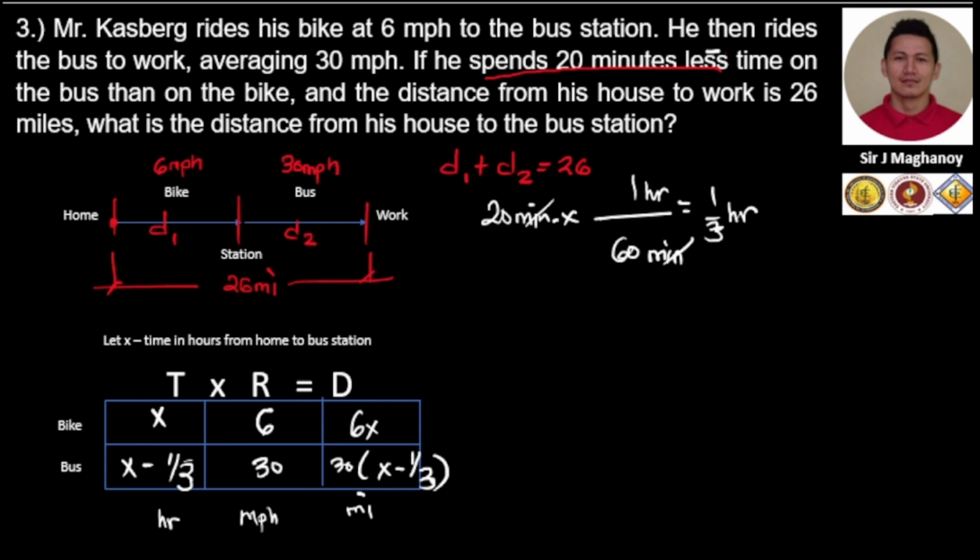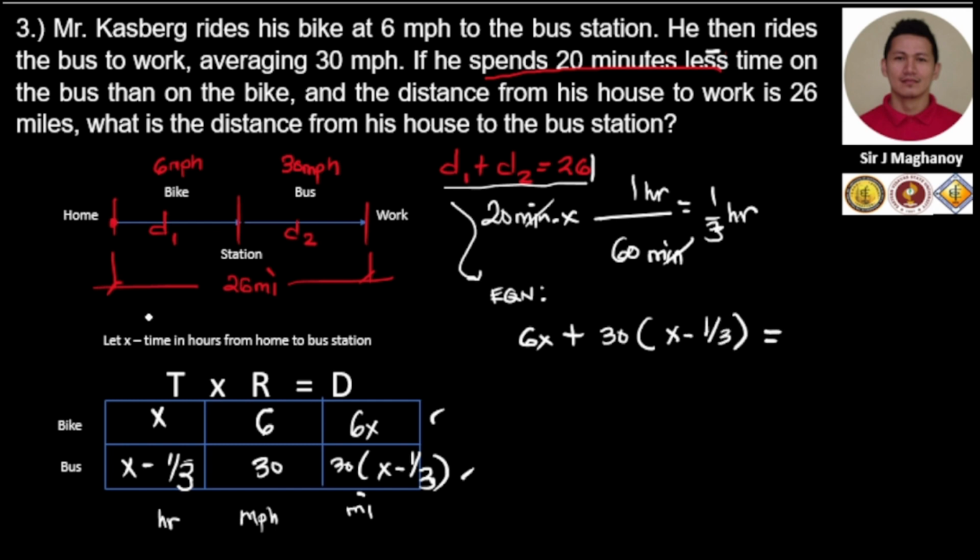From here we can formulate our equation. This is our D1 and this is our D2. So this is 6x plus 30 times the quantity of x minus 1/3 is equal to, the total distance does not change, 26 miles.